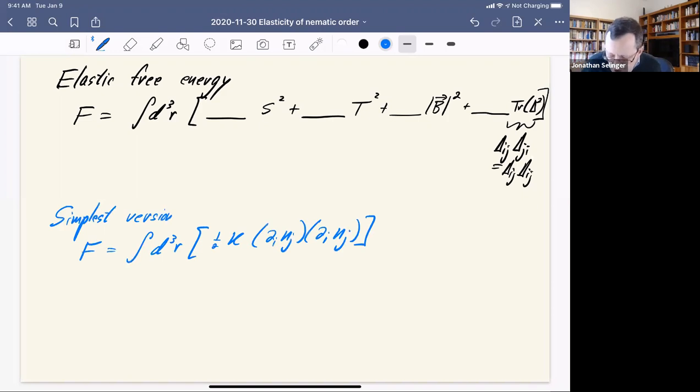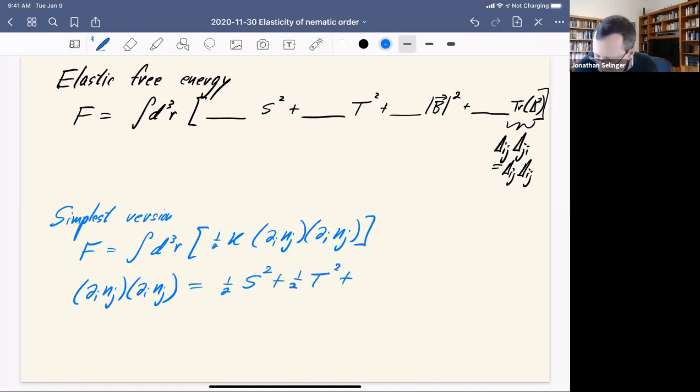One thing that I show in this liquid crystals review article is that this combination of derivatives breaks down to be 1/2 splay squared plus 1/2 twist squared plus bend squared plus the trace of delta squared. This is not obvious, but this is something that I show in this article, and you can check.